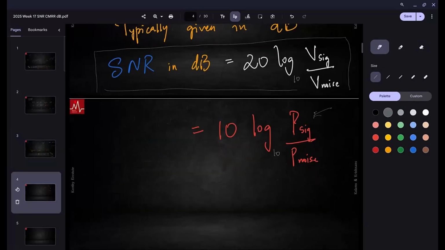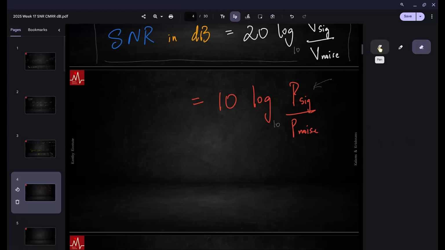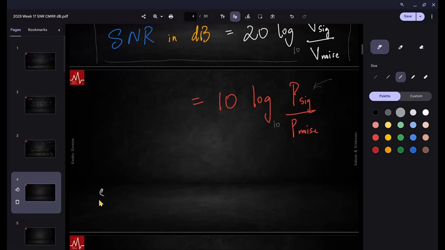So for our example, SNR in dB equals 20 log of 20 millivolt by 10 millivolt.